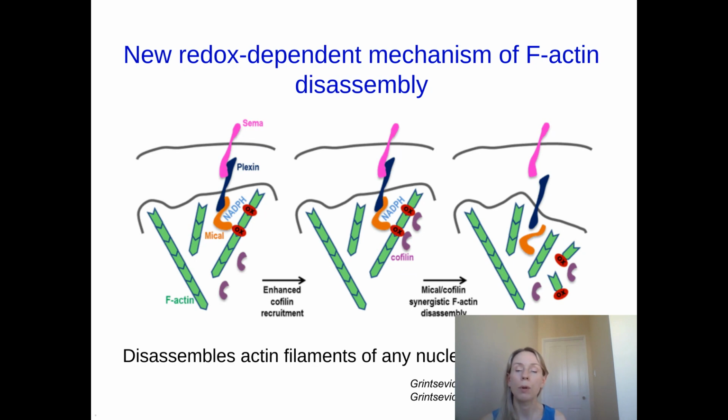which leads to enhanced disassembly in different nucleotide-bound states, and leads to actin disassembly and depolymerization. And so when we proposed this model, what was interesting to us and what we wanted to know is what is the fate of these oxidized actin monomers. So we know that oxidation can be reversed enzymatically.